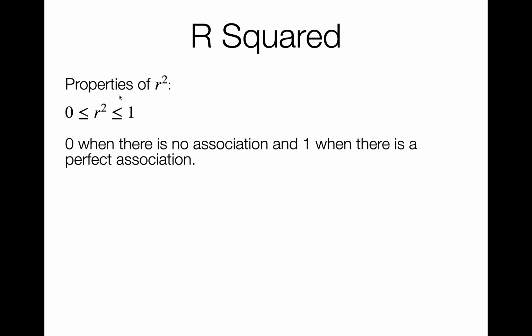When it's 1, that means it's a perfect association, which in turn means that using that line, you can get perfect predictions of Y when you have X, because the data is literally a line, and so everything's going to be perfectly on that line.